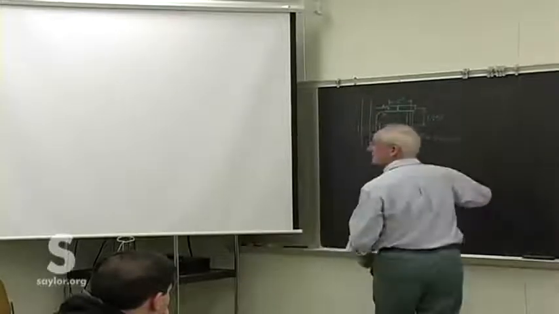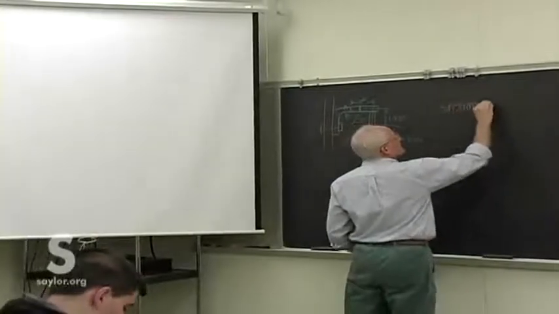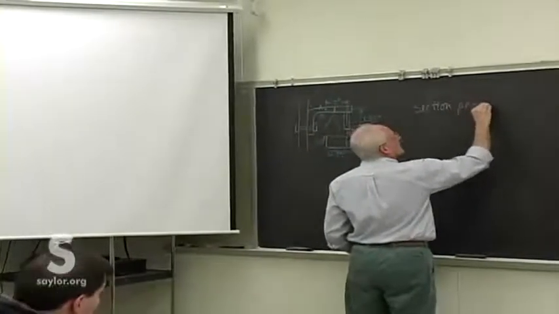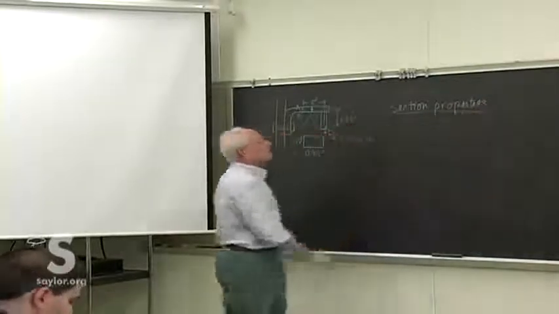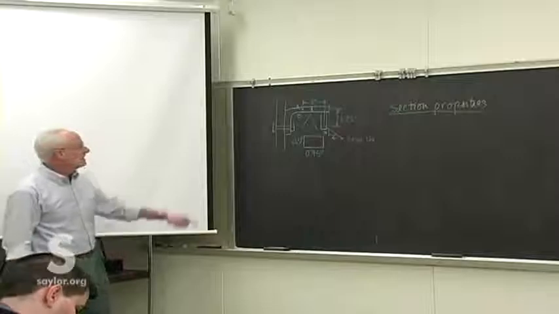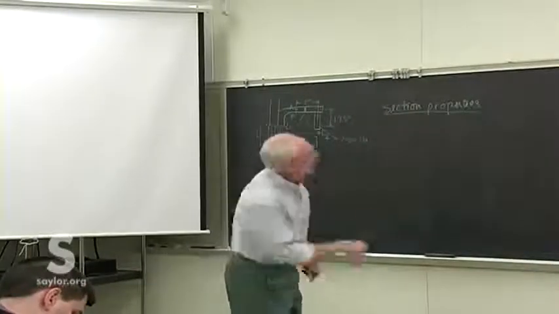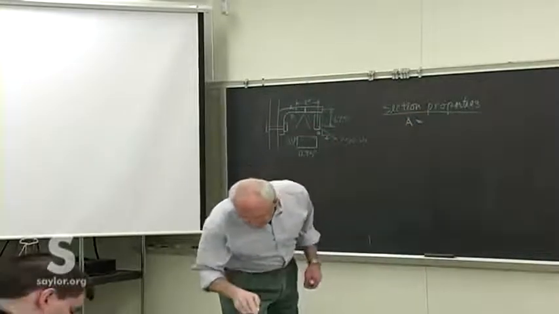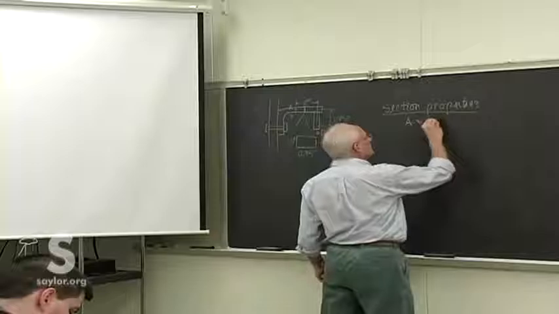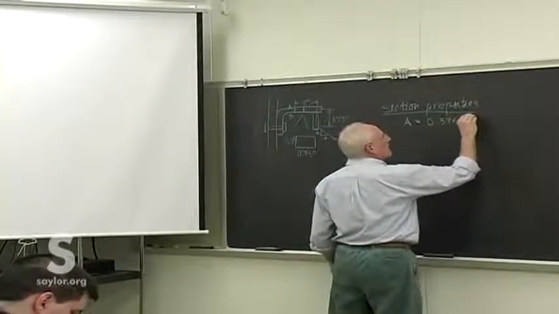So let me give you some of the things just to help you through this. What we call the section properties, which are those pieces of the geometry that we will need for the calculation of each of these. We'll need the cross-sectional area, of course. That's 0.375 inches squared.